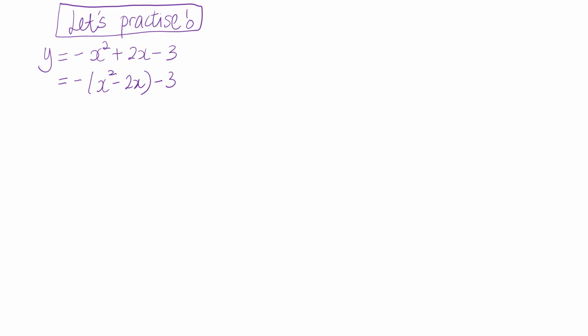Now, if you recall, we say that all completed square forms will be in this format. Okay, it could be this also. It can be negative h or positive h depending on the operations inside this bracket here.